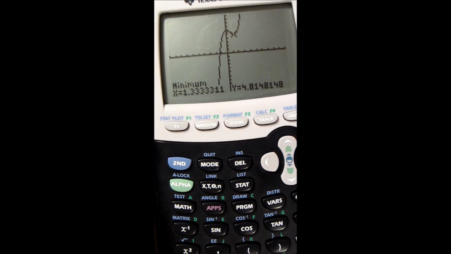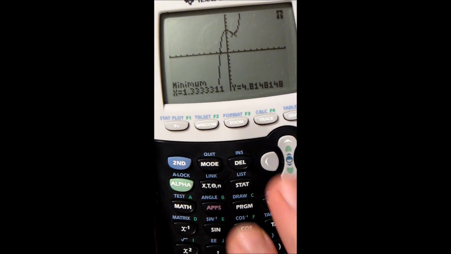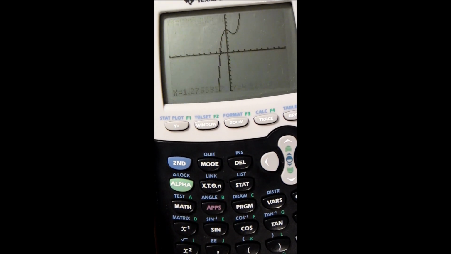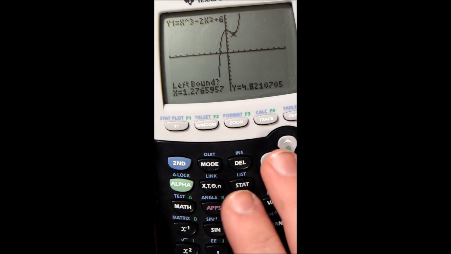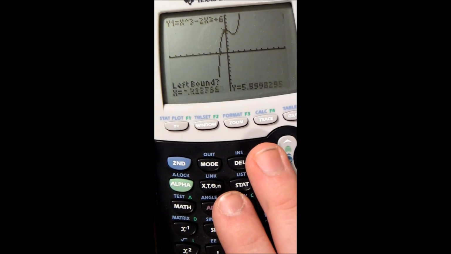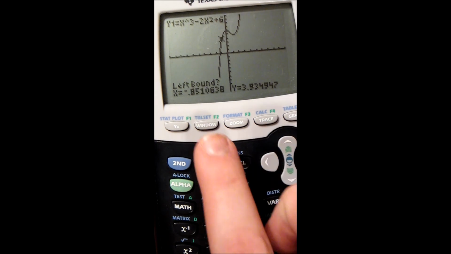To find the maximum, it's pretty much the same. You hit second again, trace, but instead of selecting minimum this time, you select maximum by hitting the number 4. And then you put your cursor on the left side of your little hill in the middle.